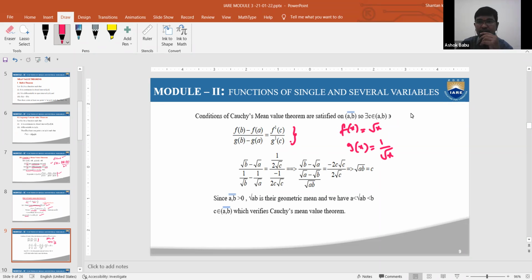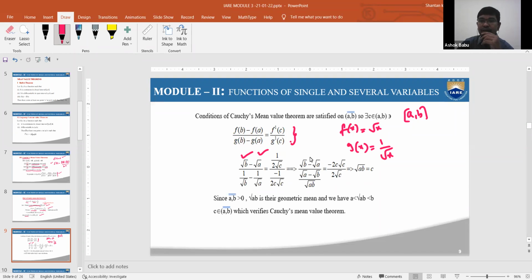The given limits are a comma b. Therefore, f of b is nothing but, in the given function f of x, replace x with b, so root b minus f of a, that means root a. And next, the denominator g of b minus g of a.